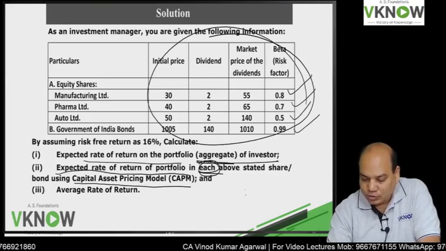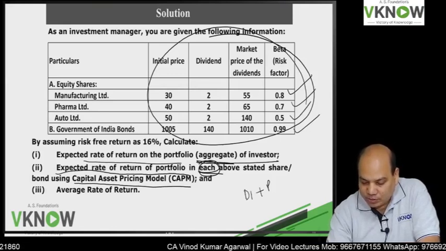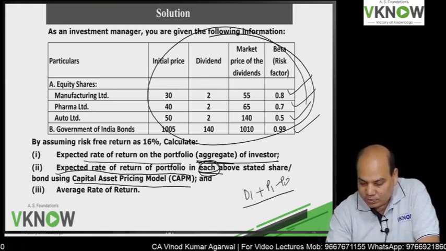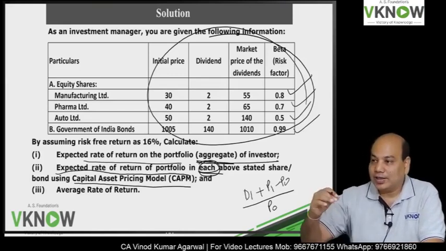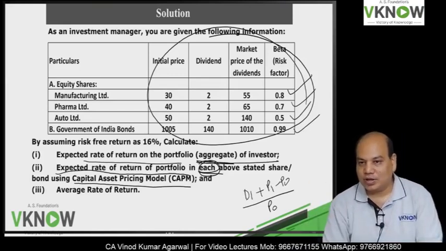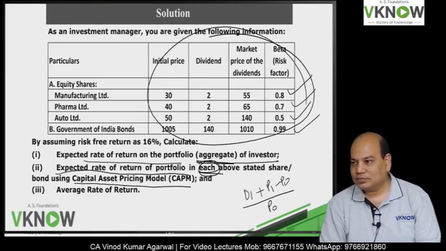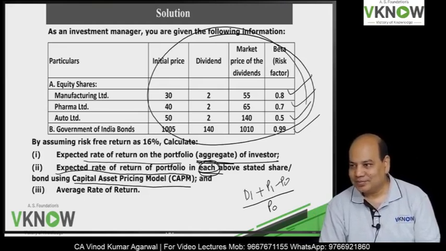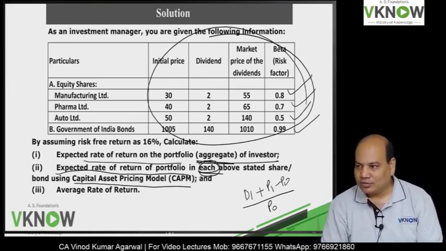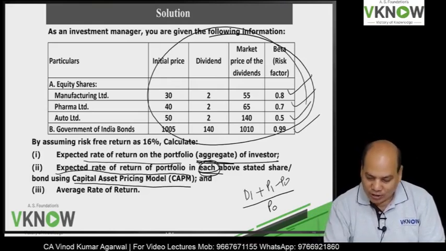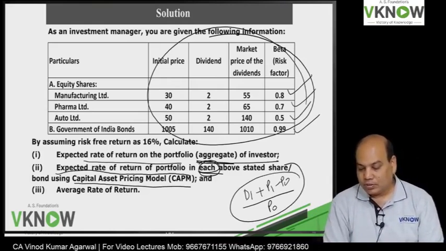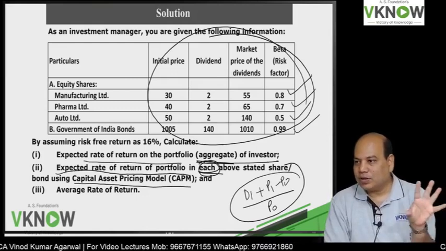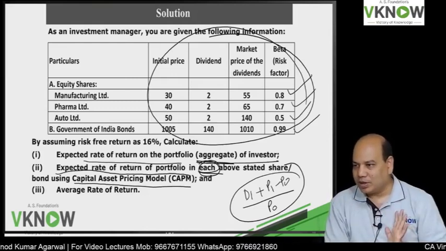You will say, can I use this formula D1 plus P1 minus P0 upon P0? This is also a formula for calculating the return of a period. Is it right? But that is not CAPM. One student had asked this query some years ago, that return is equal to dividend plus capital gain upon the beginning price.